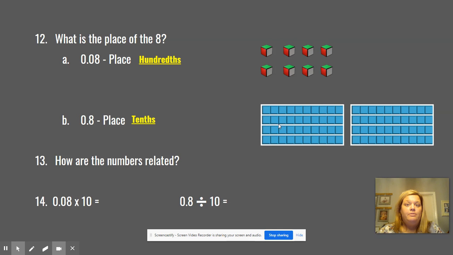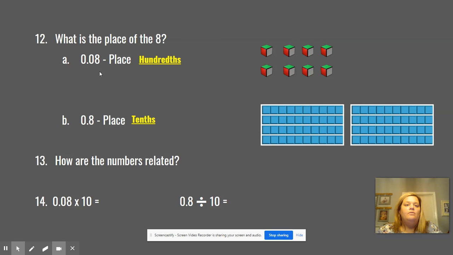So let's remember, if we have the numbers written out, if the number is beside it, to the right, it's really weird, but it's to the left. It's 1/10, okay?